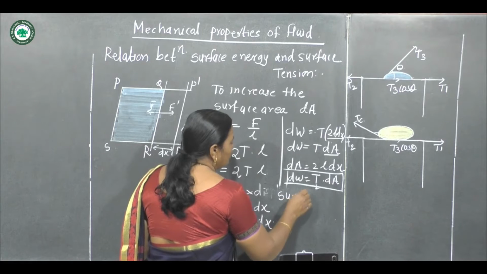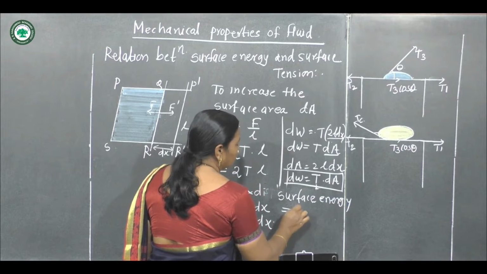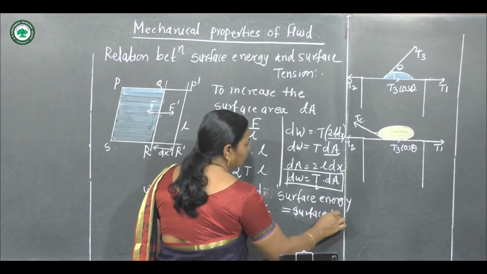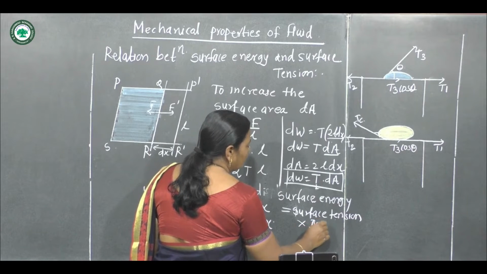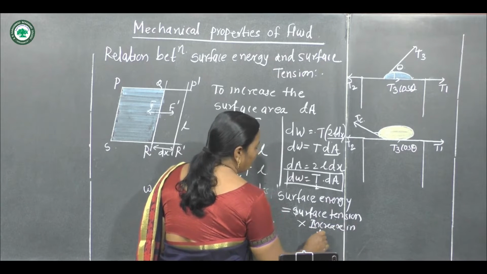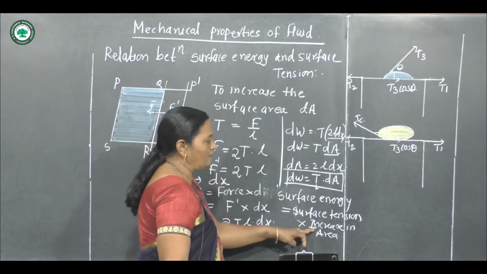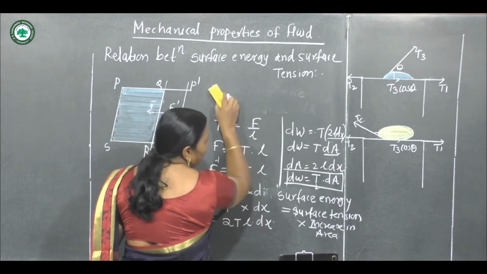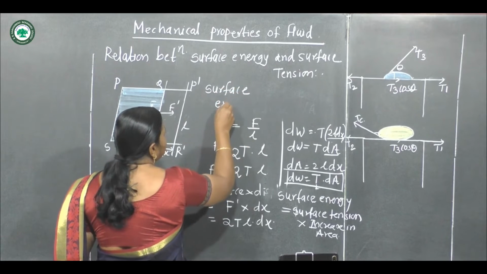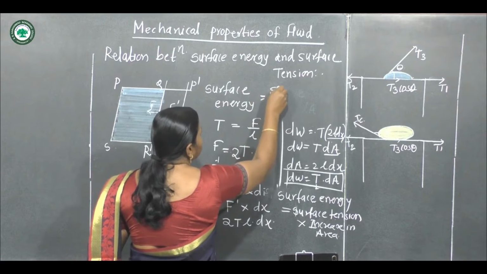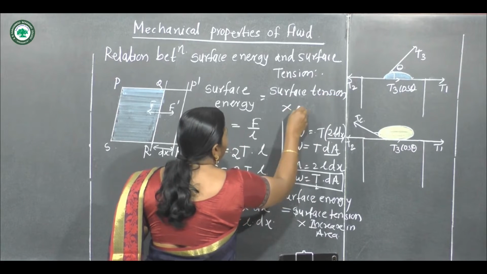Therefore, we can write surface energy is equal to surface tension multiplied by increase in area. Thus, we can say that surface energy is equal to surface tension multiplied by increase in surface area, that is, surface energy equals surface tension multiplied by dA.